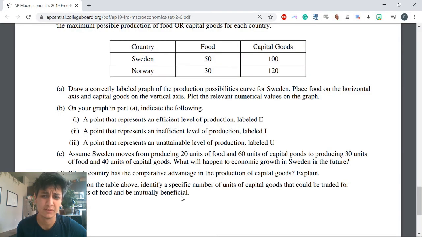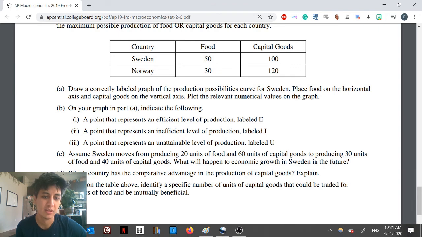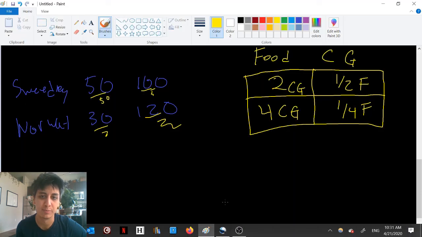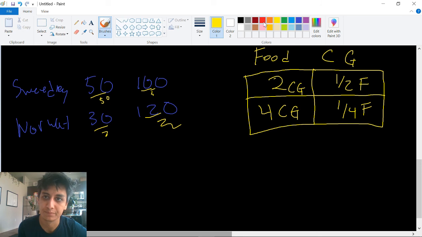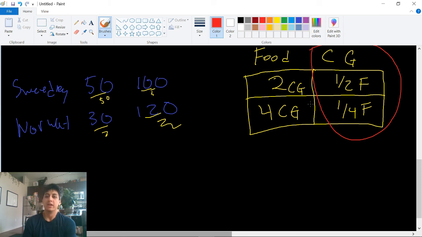Comparative advantage in what was it? Production of capital goods. So let's go to the production of capital goods. And who has the comparative advantage? It's the person with the lower opportunity cost. We would rather have Norway produce these capital goods because they are giving up less food.